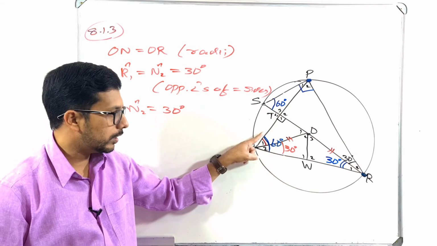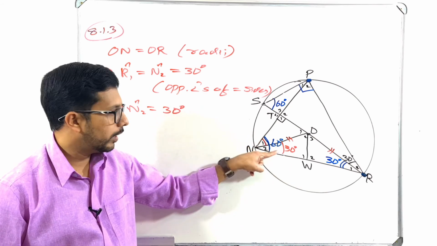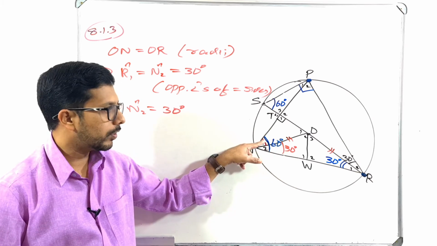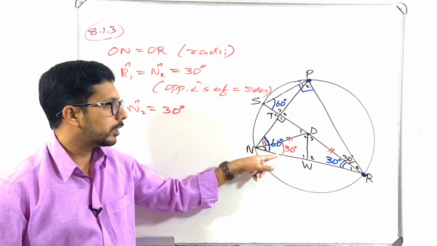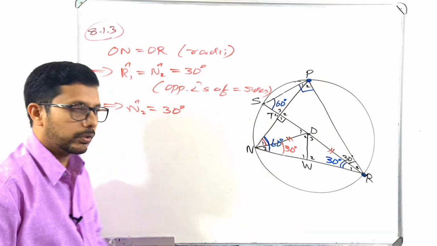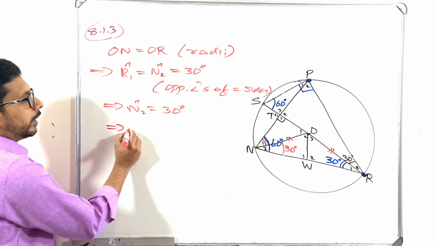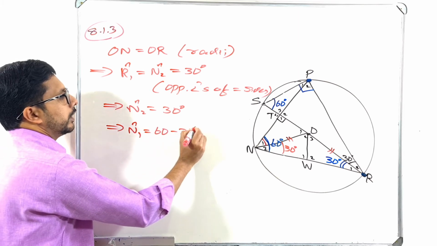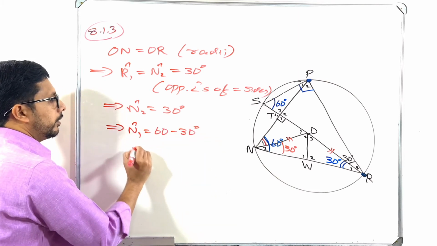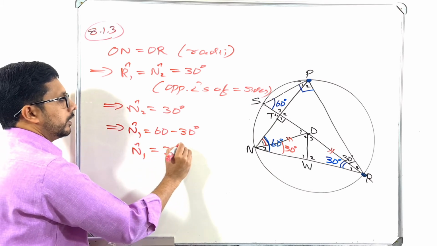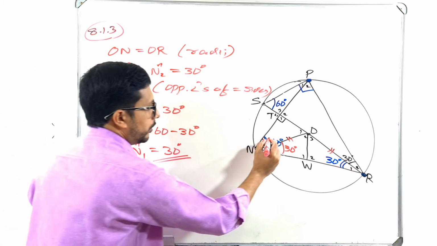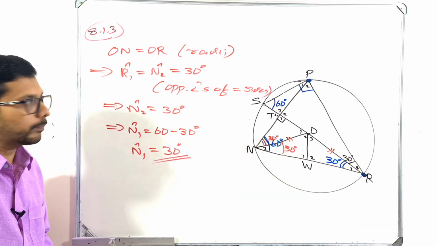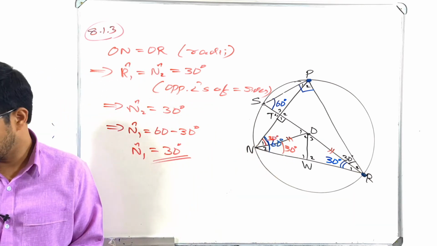Total angle is 60, and this small angle N2 is 30 degrees. So N1 is also 30; only then 30 plus 30 gives 60 degrees. So angle N1 is equal to 60 minus 30, which is 30 degrees. Do you understand? Okay, so that is question number 8.1.3.